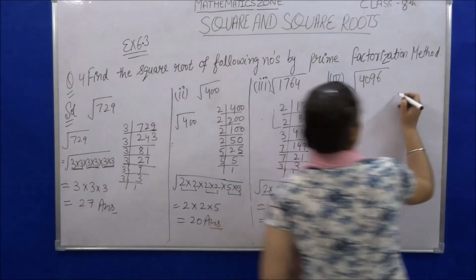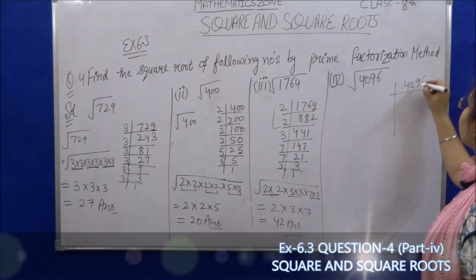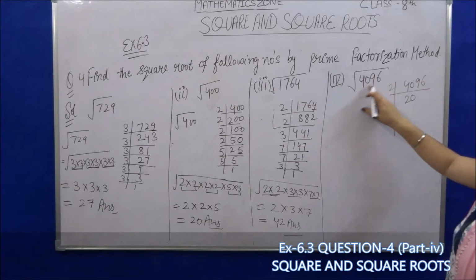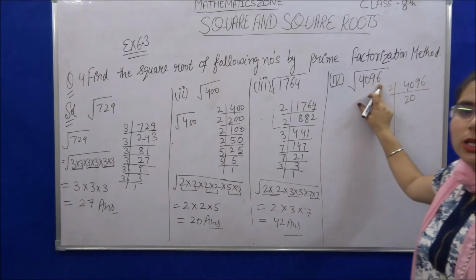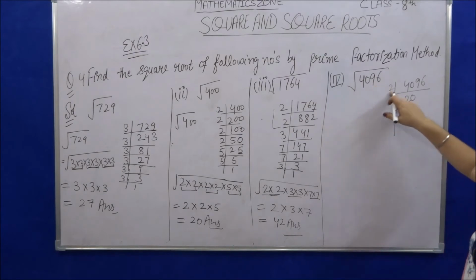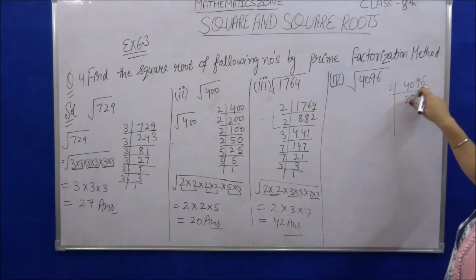Now next will be 4096. So depending upon the number which is present at its unit digit, we will be choosing the number. So here 6 is present, so 2 3s are 6.